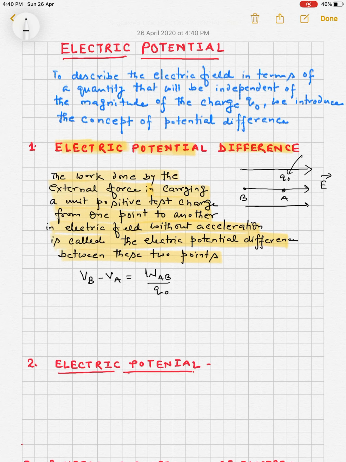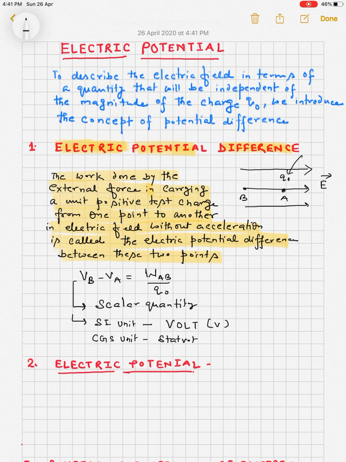This potential difference is a scalar quantity. Its SI unit is volt and its CGS unit is stat volt, and 1 stat volt is equal to 300 volt.